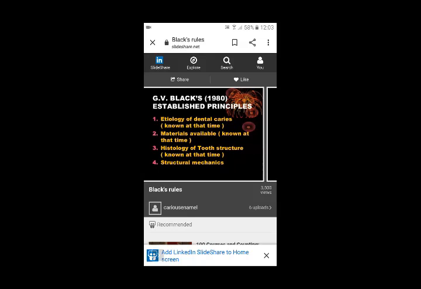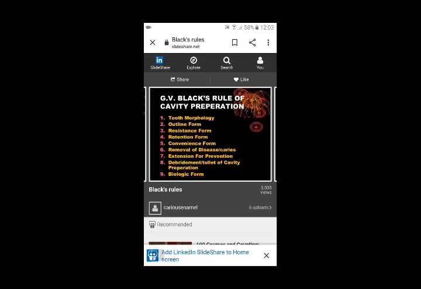As we know, this is constructional work, and first of all, he observed his father, how he makes the map. So we say, on which ground is he going to construct? First of all we should know the tooth morphology, then the mapping or designing of that particular building is known as the outline form.